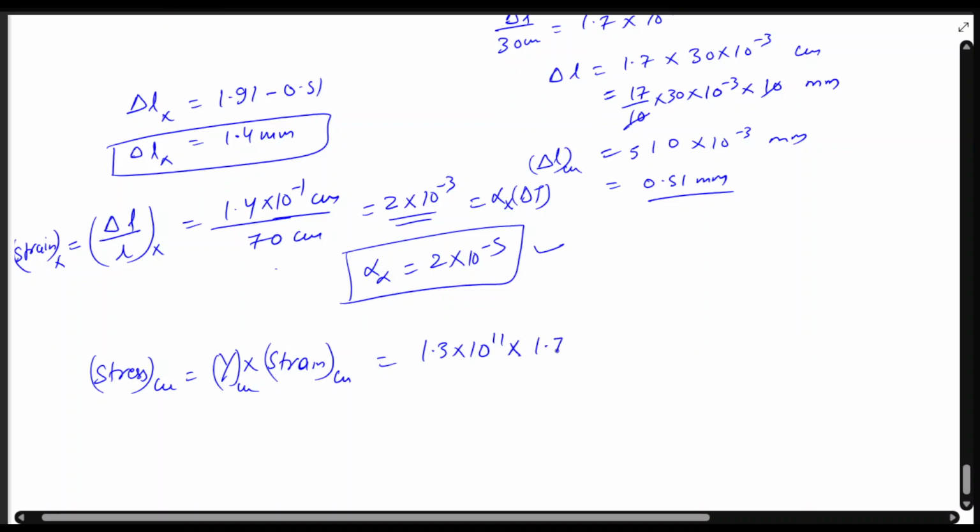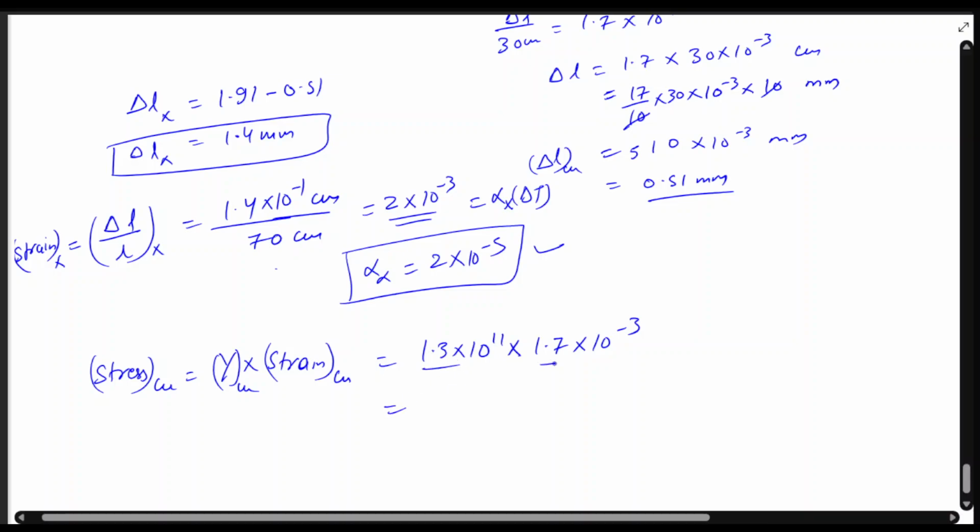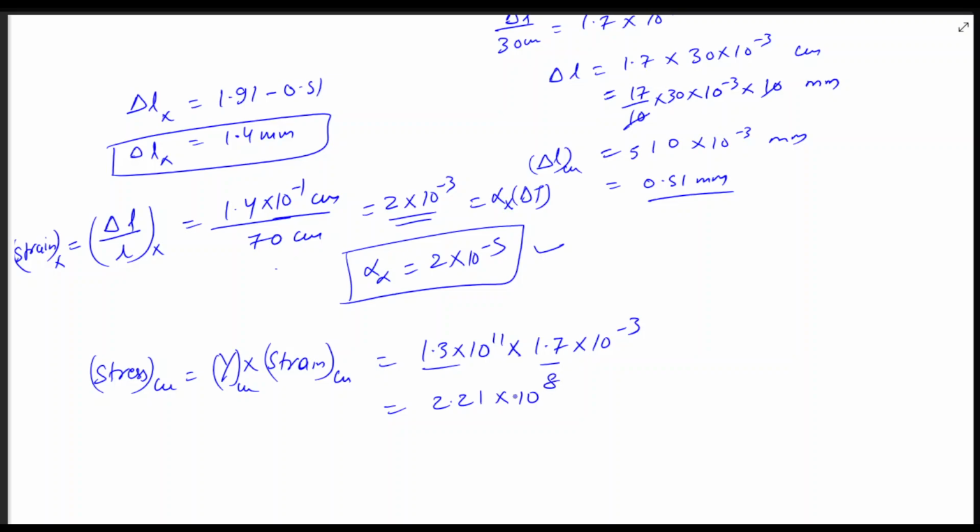So we will have 2.21 into 10 raised to power 11 minus 3, that is 8, Newton per meter square.